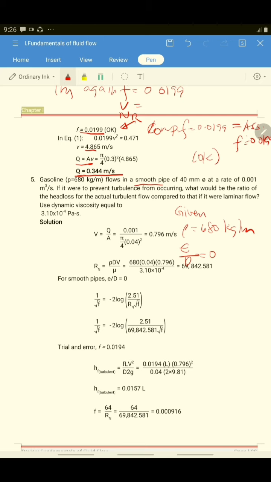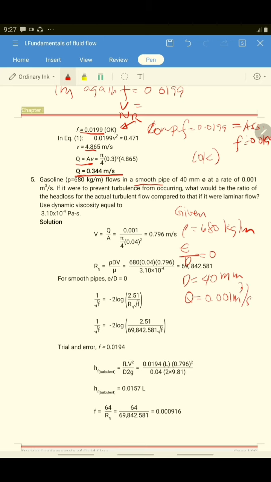You have to be careful in the problem because there are some statements there that are part of the solution. Then the diameter is equal to 40 mm. Then the flow rate is 0.001 cubic meter per second.